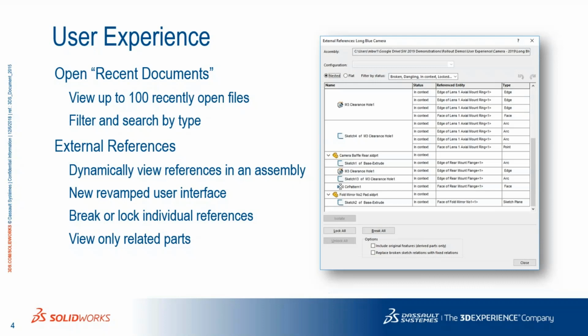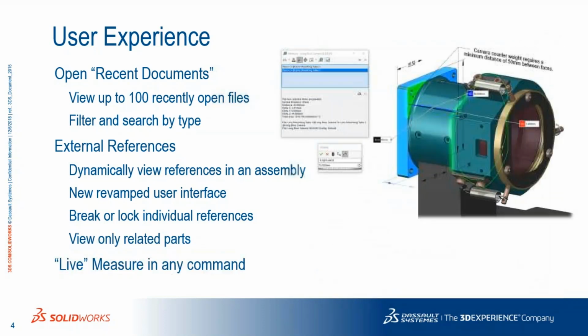We can break and lock those individual references, and we can even view only the parts in question, still having access to that isolate button. And then finally, we have our live measure tool that we can use within any command.